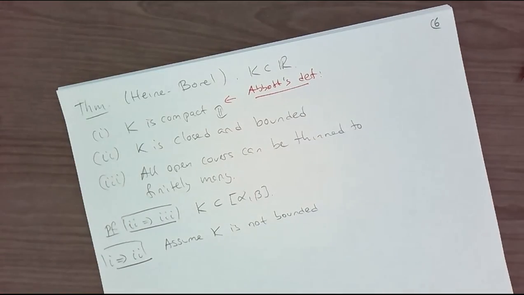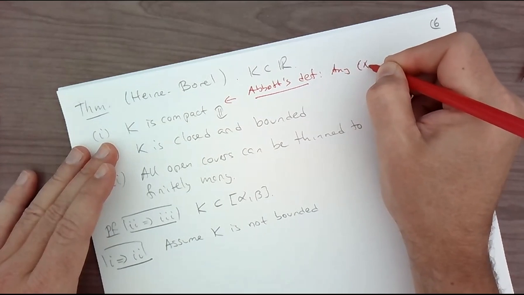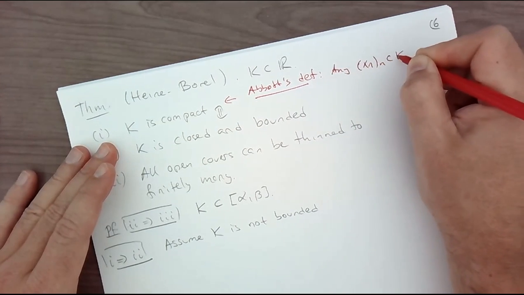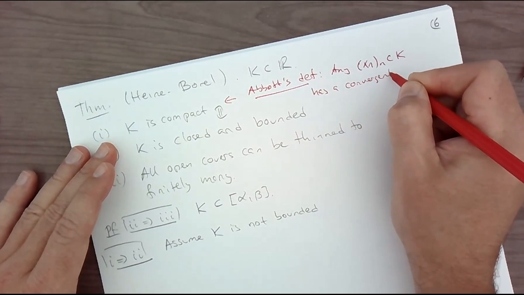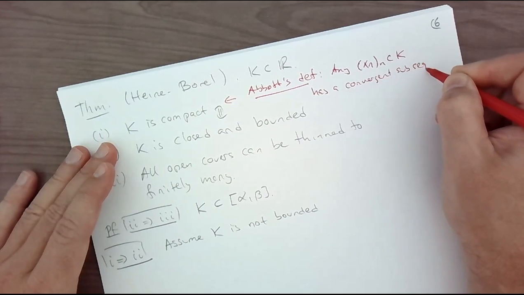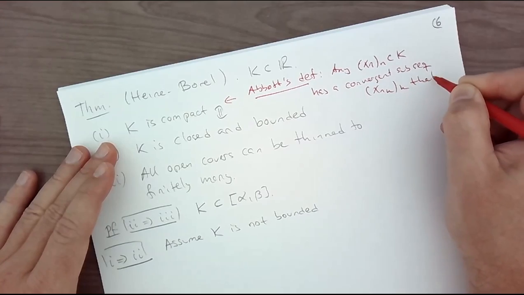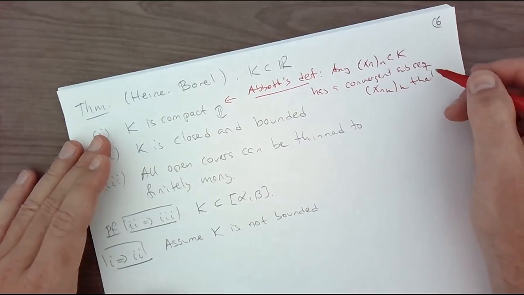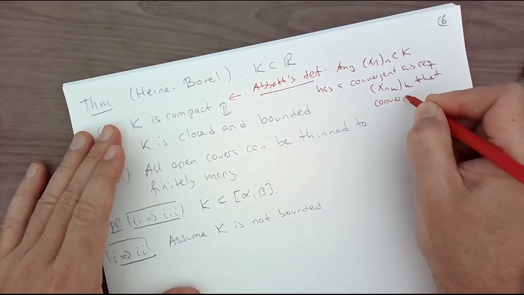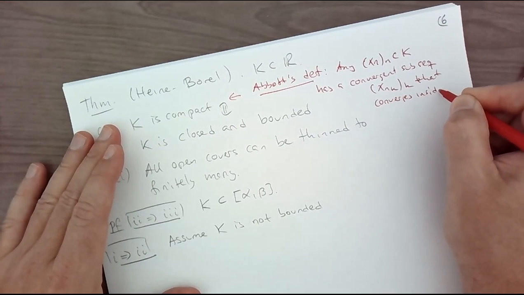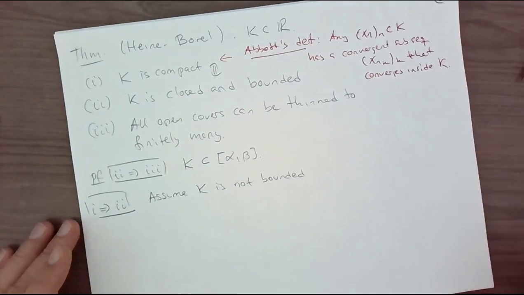Abbott's definition is that any sequence inside K has a convergent subsequence that converges inside K. It is this sequential compactness property.